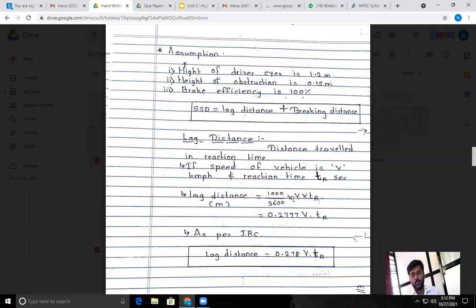Generally, the reaction time is taken as 2.5 seconds.